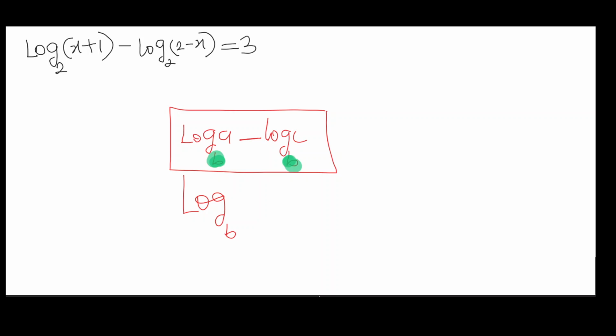Instead of writing them separately, I'm going to write them as one big logarithm because they share the same base. The argument before the negative sign will be the numerator, while the argument after the negative sign will be the denominator.